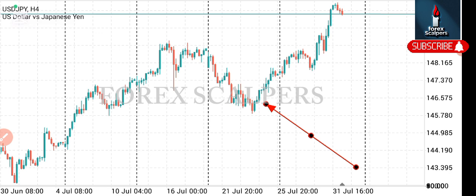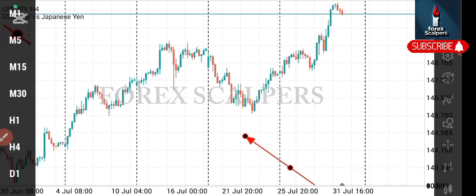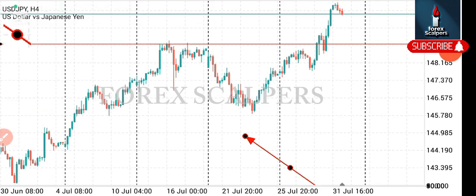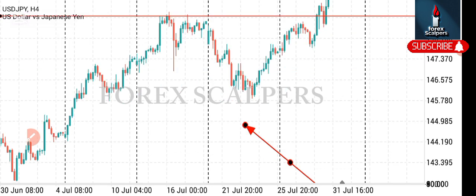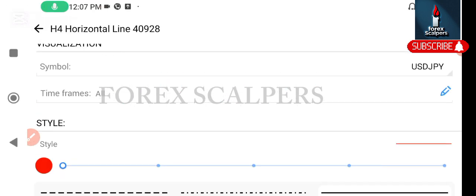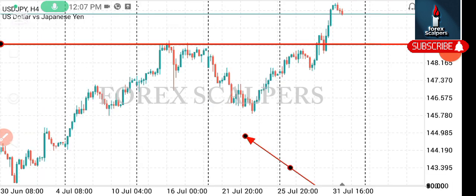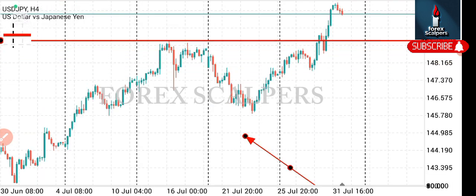Many often, when we mark these zones, we realize that price invalidates the zones of support and resistance that we have marked, and you keep wondering what exactly the challenge is.